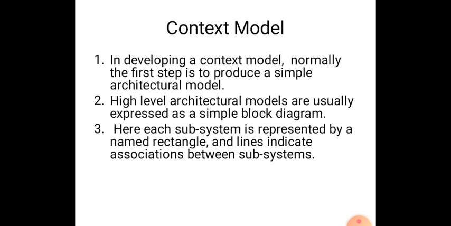Point number 3, here each subsystem is represented by a named rectangle and the lines indicate association between the subsystems. Students, when you draw an architectural model which consists of a number of blocks, each subsystem is represented by a rectangle and the lines between the rectangles show the association of the subsystems.